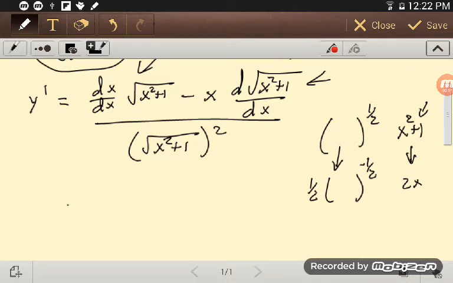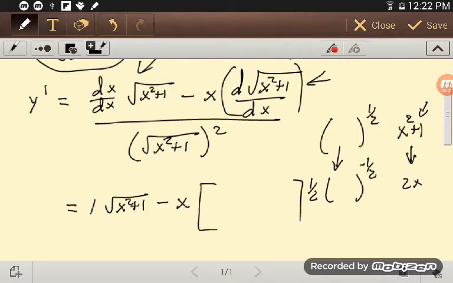And so this is equal to 1 times the square root of x squared plus 1 minus x. Now, here is that whole derivative I need to do. And so there's 1/2 to the negative 1/2.